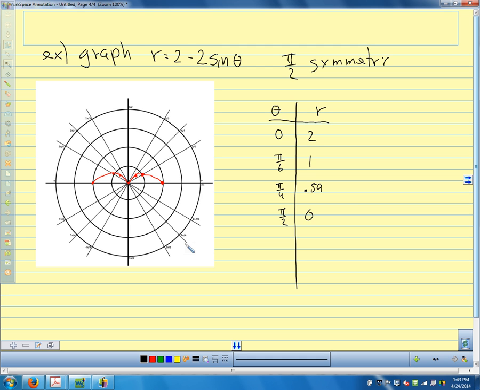When theta equals pi, we already have that. We're right there. So let's go to 5 pi over 4. When theta equals 5 pi over 4, my radius is 3.4. So here is 5 pi over 4, and there's 1, 2, 3.4. So the graph's going to go like so. And on this side, it's going to do the same thing. So I'd be at about here.